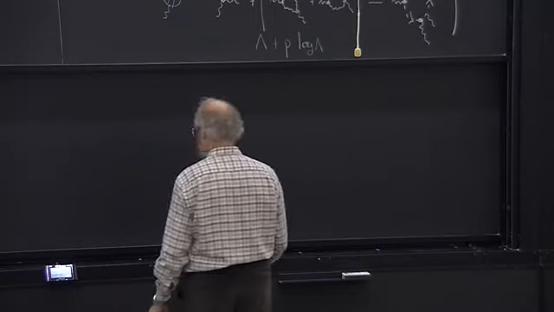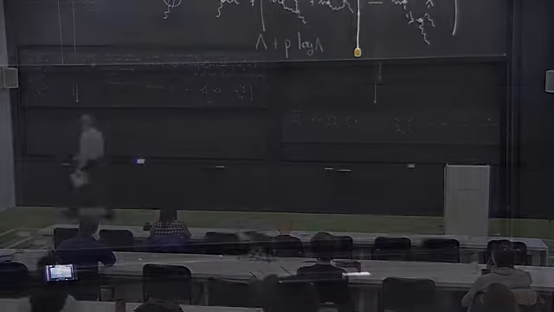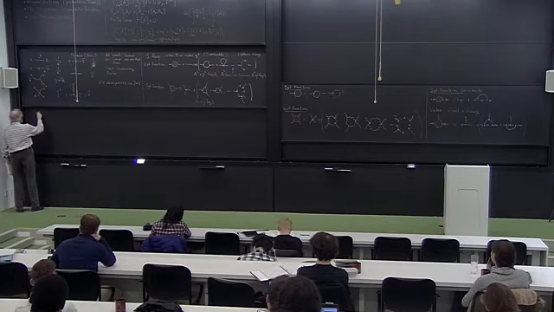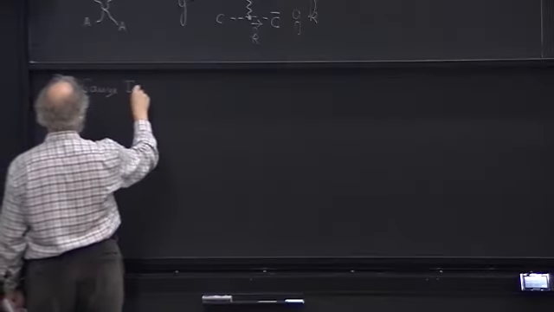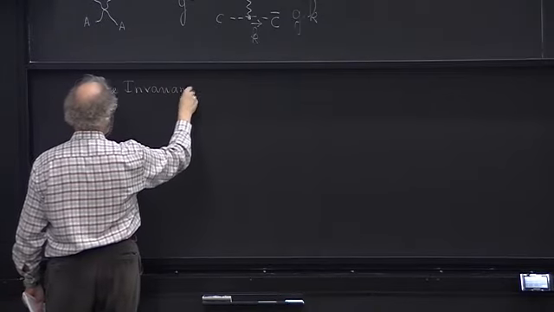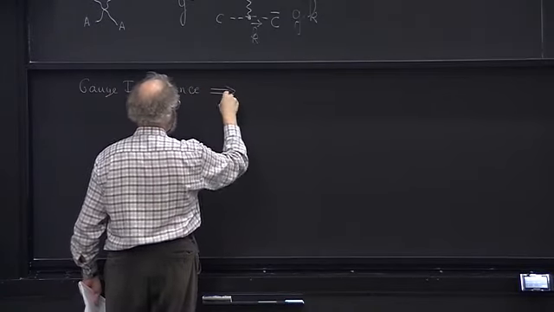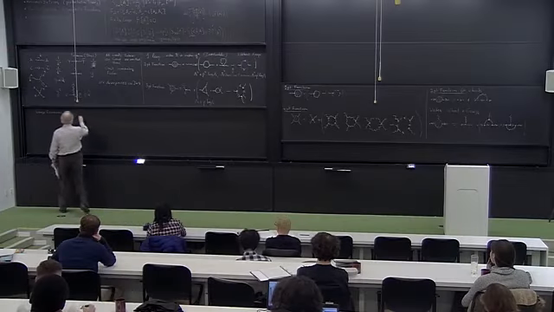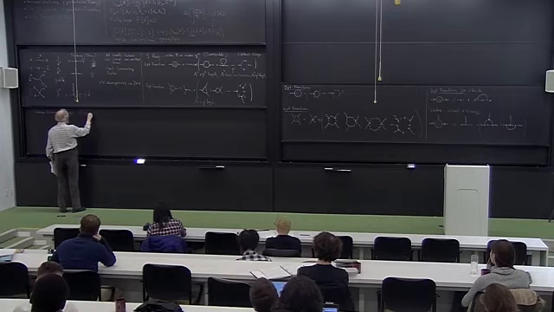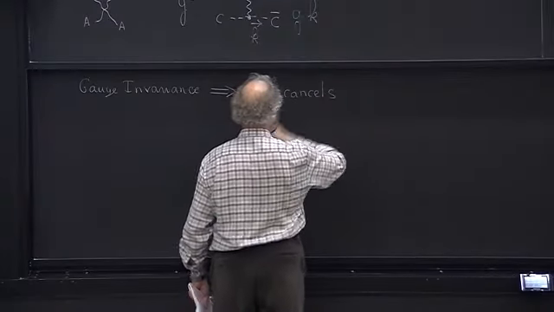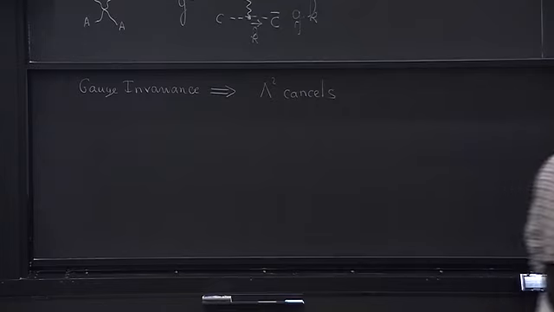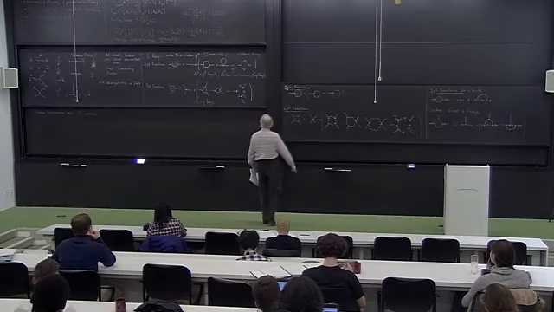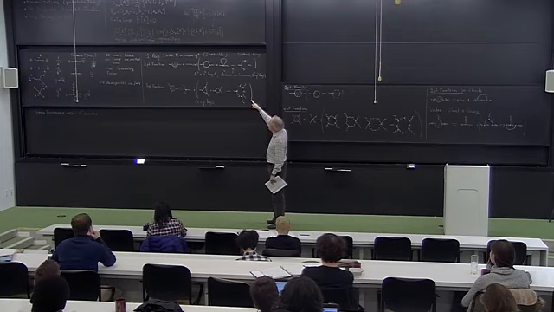Now, the point is that gauge invariance implies that the lambda squared cancels. Okay? They cancel between the three diagrams. And most importantly, they cancel between the contribution of the loop of gauge field and the loop of ghosts.